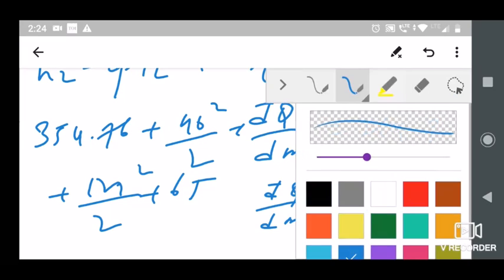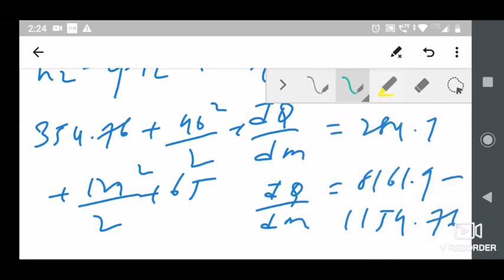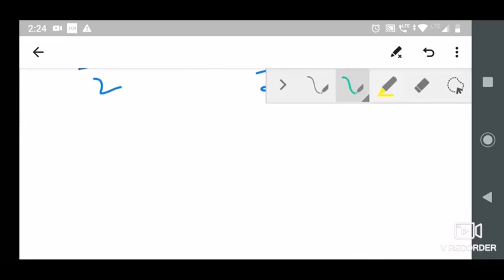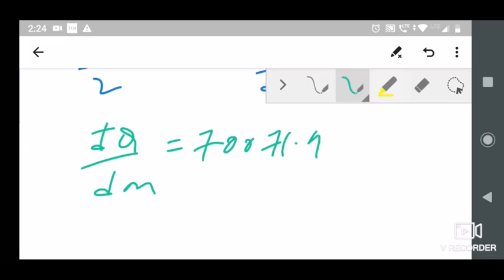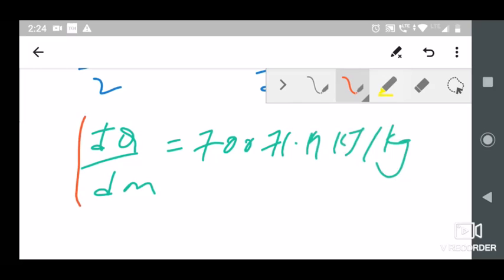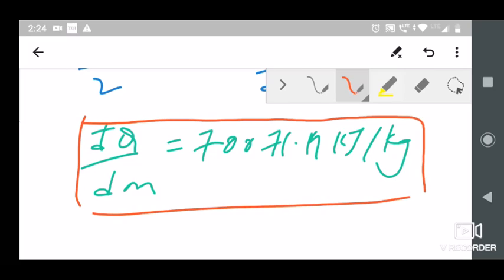Finally I got the value of d dash q by dm as 7071.14, which is in kilojoule per kg. Okay, so this is the final value which I got.